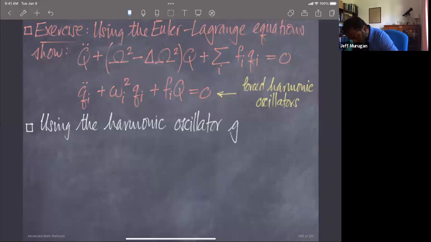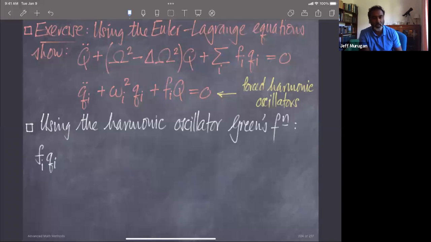We'll find the following solution. I'm actually going to write down a solution not for Qi, but for Fi Qi, just by multiplying through by Fi for convenience.